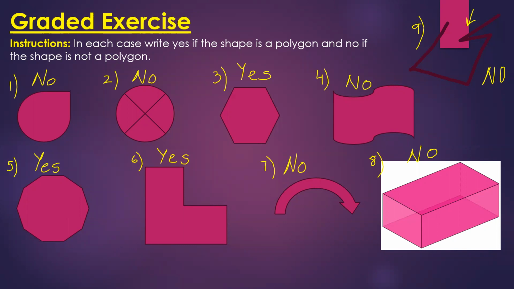You agree that it's a polygon? Oh, no, sir, it's not. Why not? Because it's not closed. I think your initial response is good. It's not closed. It has an opening. And so it definitely is not a polygon.